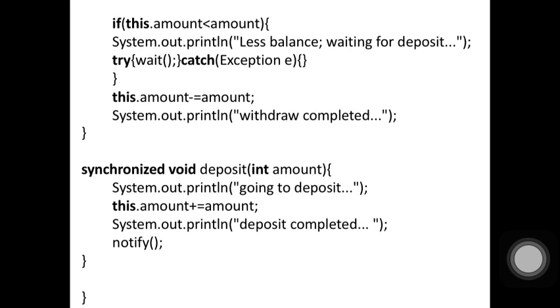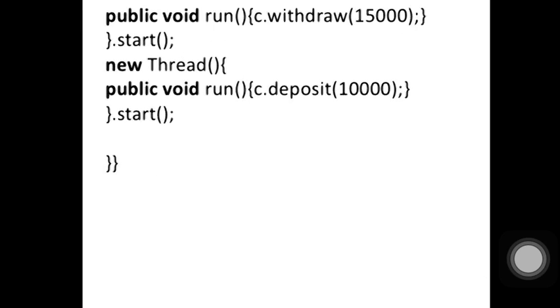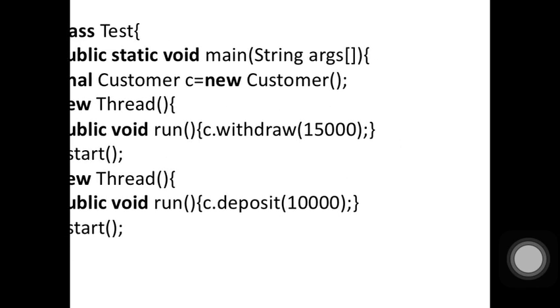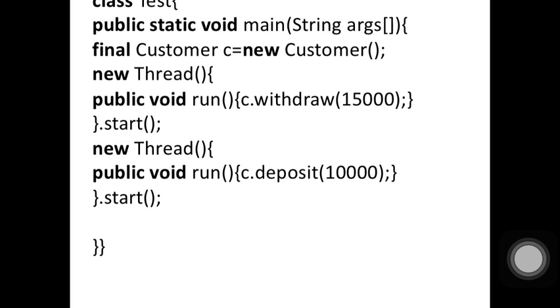And the next one is the main method here. So inside the main method, public static void main, define one object for Customer, c, and create one thread, new Thread. Here you are invoking the run method, and inside run method c.withdraw with 15,000, and by putting curly braces and dot start.